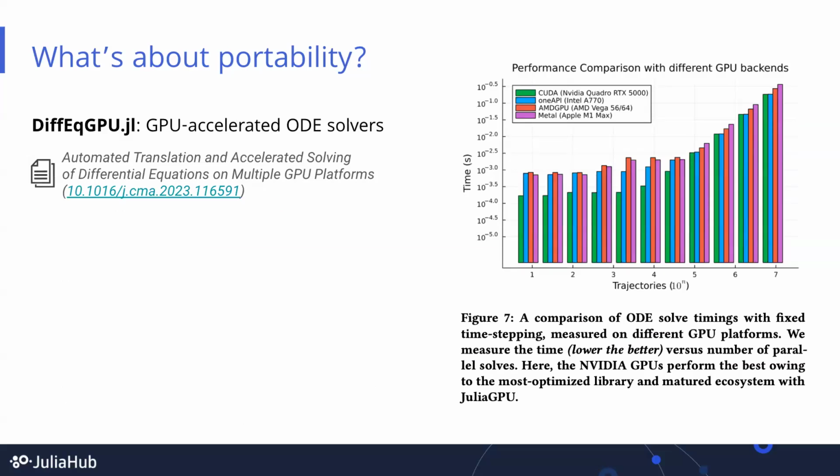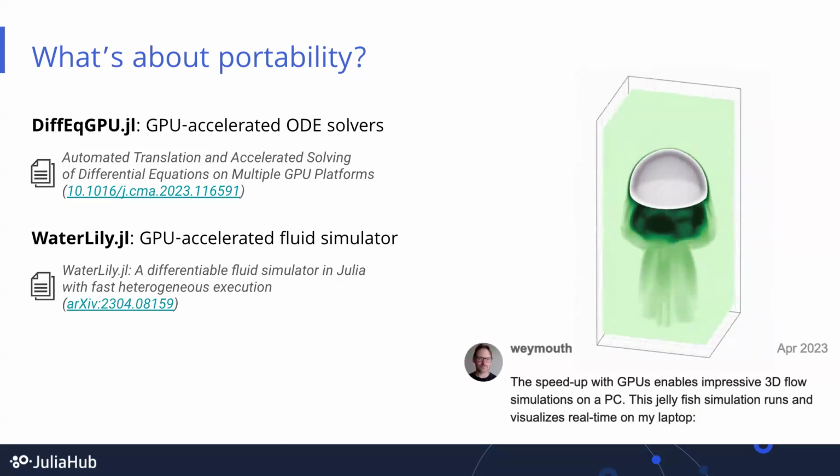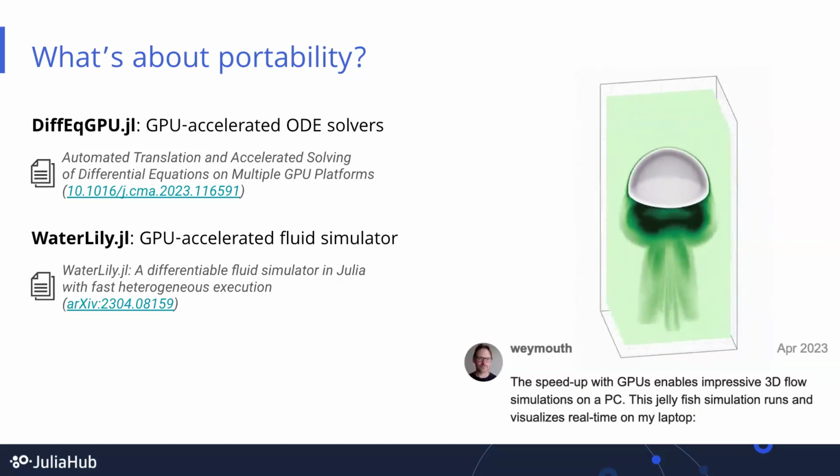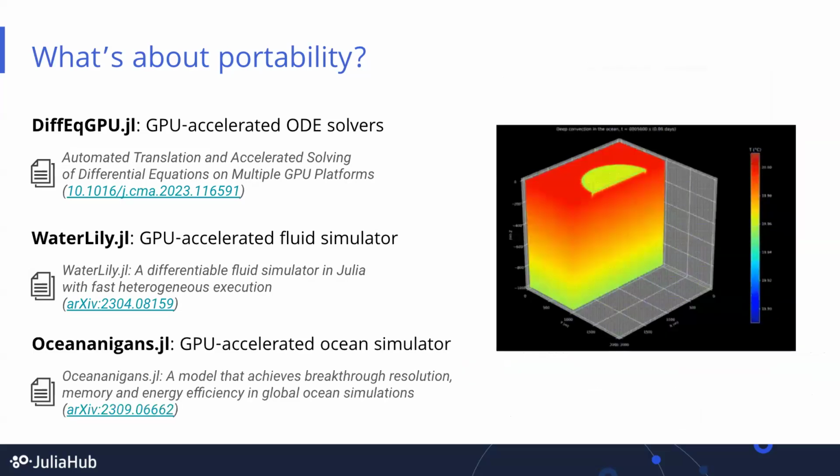Much of the DiffEq stack, which empowers the whole SciML ecosystem, has been ported to the GPU using KernelAbstractions and performs really great across the board. There are people working on fluid simulators, on ocean simulators, all of that built on top of KernelAbstractions and performing really well. Essentially, the performance that we have with the individual backends really carries over to code that has been written with KernelAbstractions.